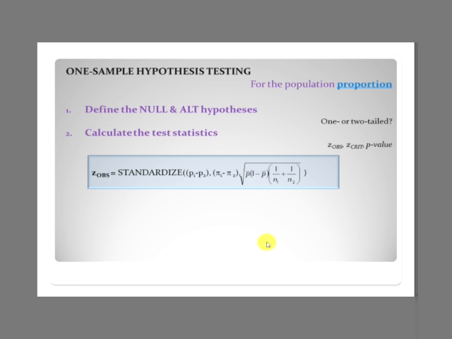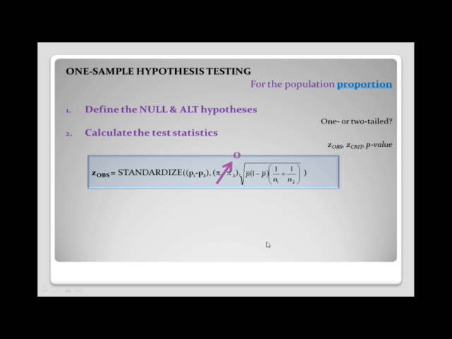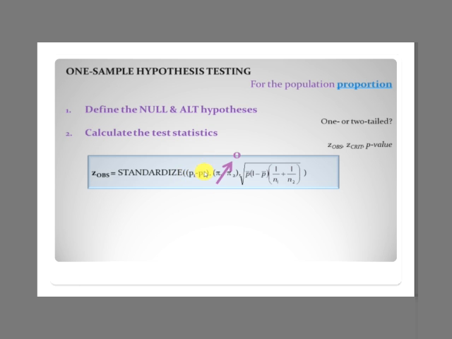So you would do this in the standardized function, just like we did before, and similar to what happens in the tests for the mean, that middle parameter goes to 0. So the first thing we would put in there is the sample value of the difference. The second thing we put in there is 0. And the third thing, you're actually just going to click on the box that calculates the standard error for you.